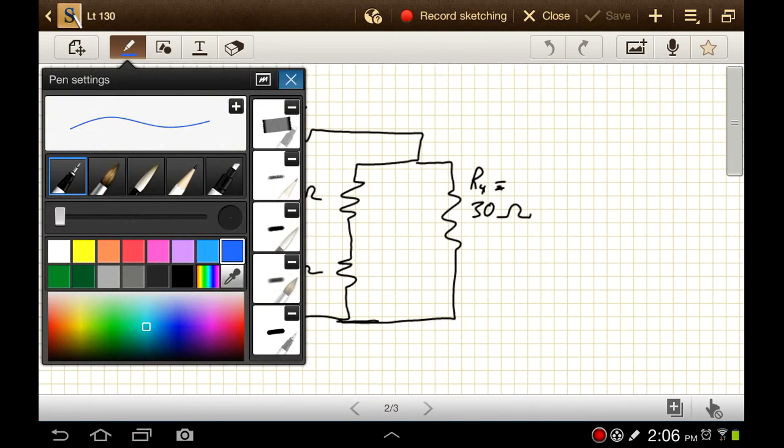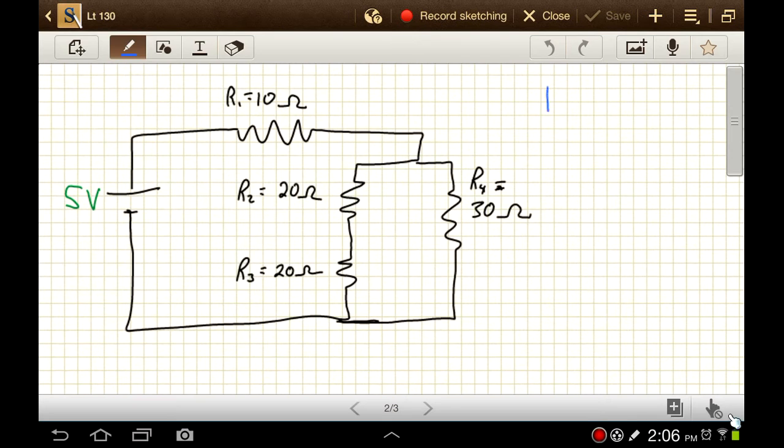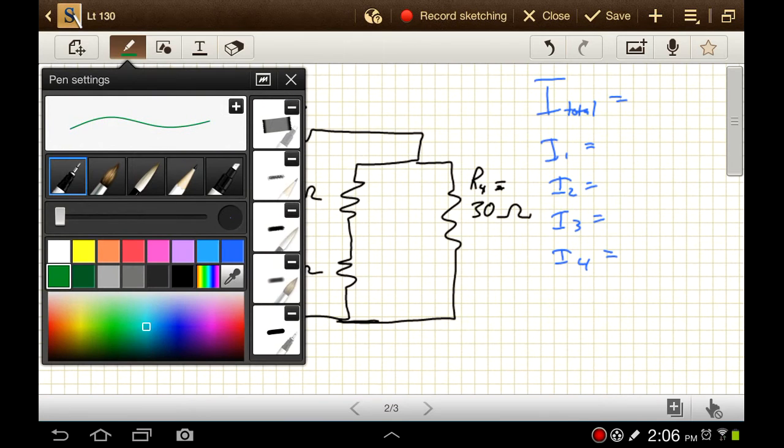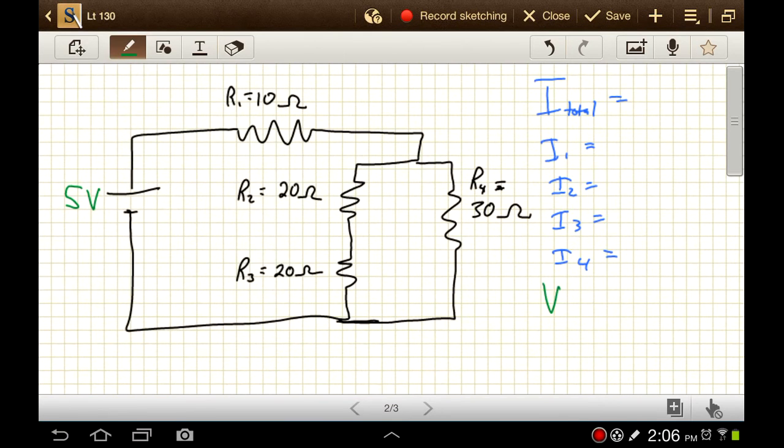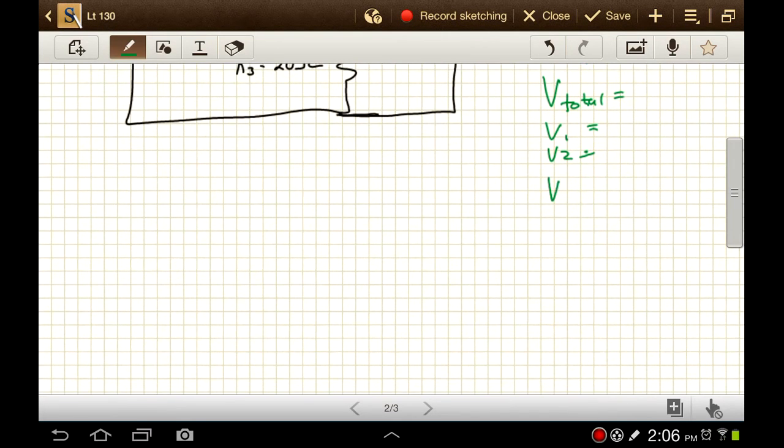Let's say for blue we'll do current, so we'll have maybe I total would be a good thing to record, and then I1, and I2, and I3, and I4. And for voltage, I picked green, so V total, and V1, and V2, and V3, and V4.